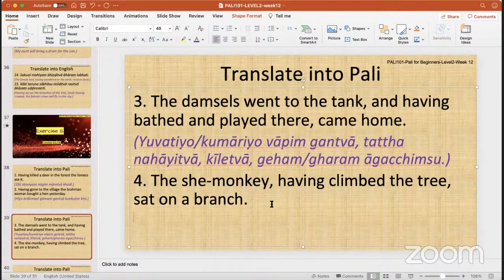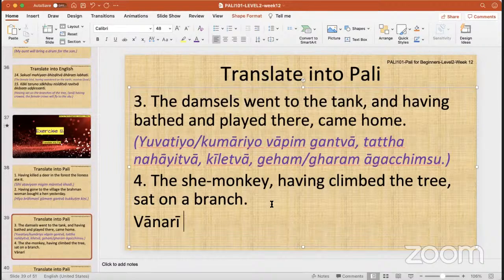What is the word for monkey? She-monkey? Vanari. Makkati. Vanari, okay. Having climbed the tree. So, having climbed: rukkham aruyha, or aruhitva, aruhitvana.